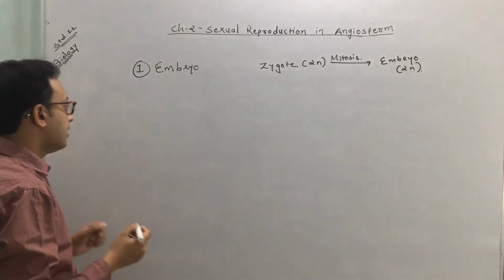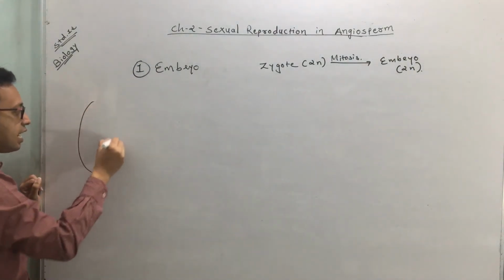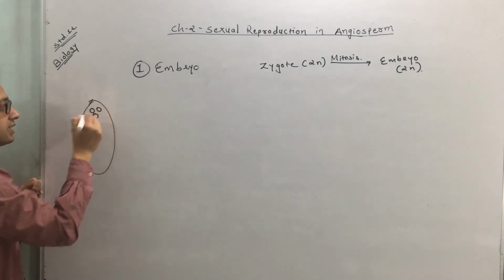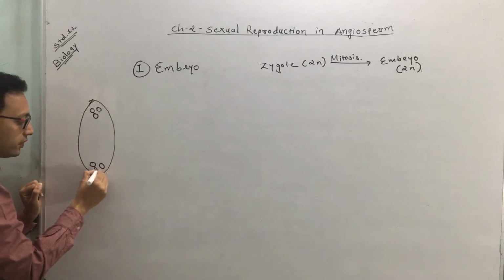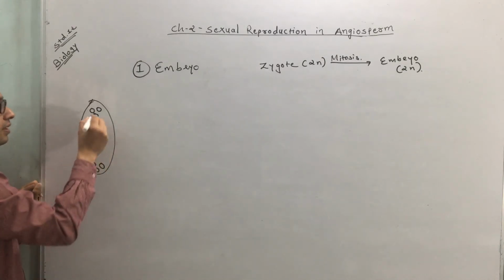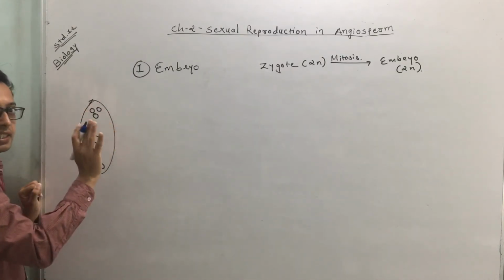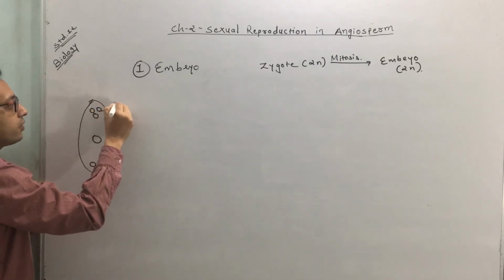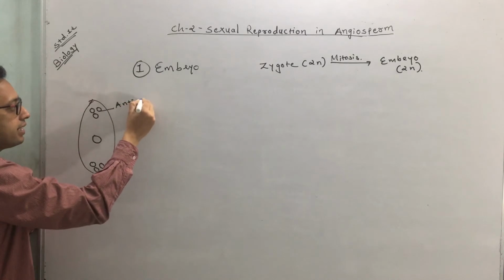Let's first discuss how this is formed. This is the embryo sac. The embryo sac usually contains 7 cells, total 8 nuclei. Three at the chalazal end are the antipodal cells.